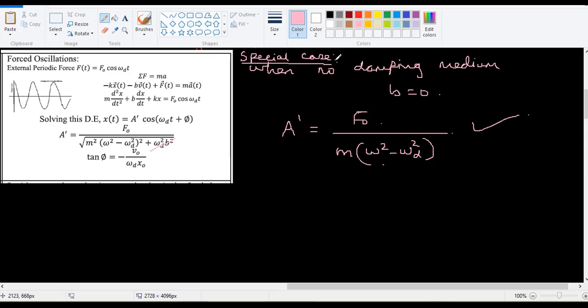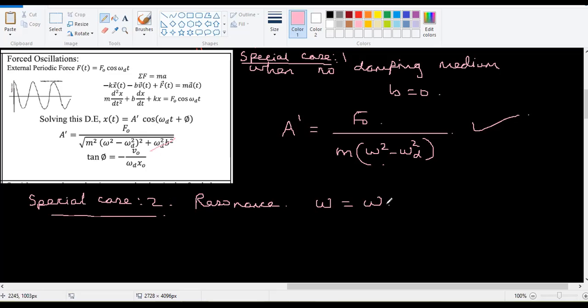Another special case is the resonance. In resonance, what did I say? The driving frequency is matching with the natural frequency.